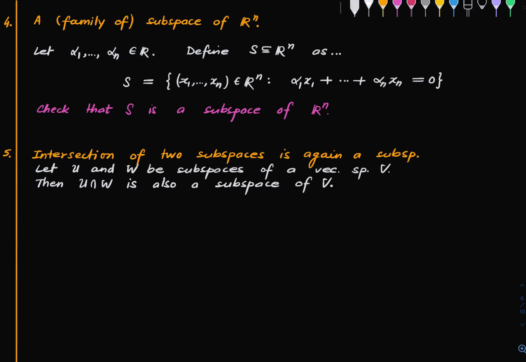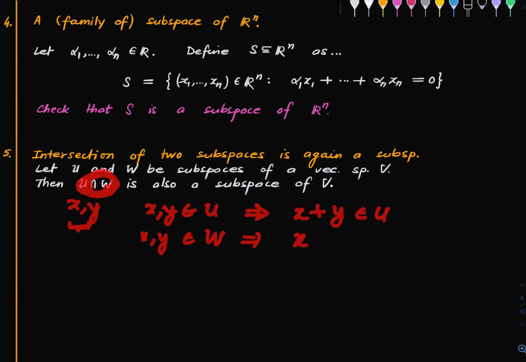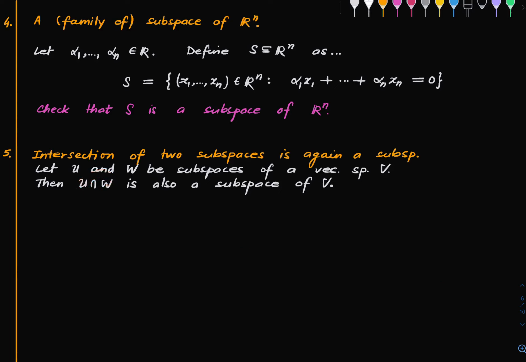And it is immediate from just the definition of a subspace. If you pick two vectors here, let's say X and Y are two elements here, we want to show that X plus Y is also here. How do we do it? Well, if X and Y are here, then in particular X and Y are in U and X and Y are in W. But U is a subspace, therefore X plus Y is in U, and X plus Y is in W. But this means that X plus Y is in U intersection W. So you show closure under addition via this simple reasoning, and similarly closure under scaling, and that's it.